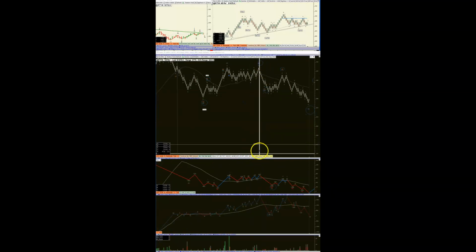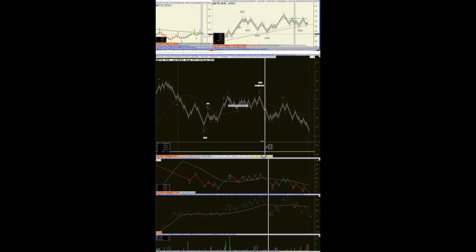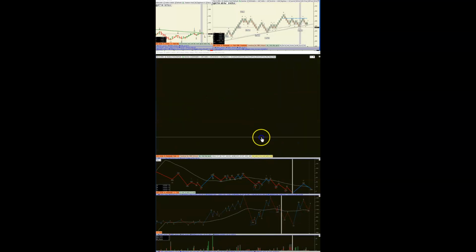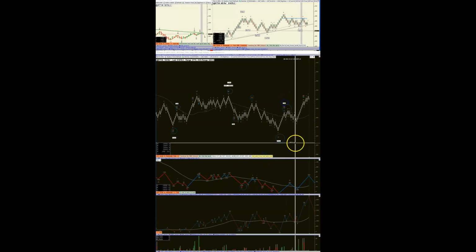Then again, you had your climax, you had your change of behavior, and it went down. When it goes into the spring, what do you have? Oh Lord, it's climax, change of behavior.